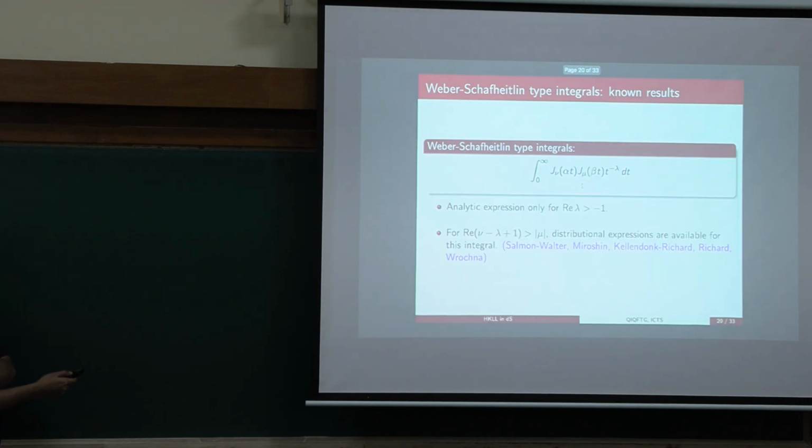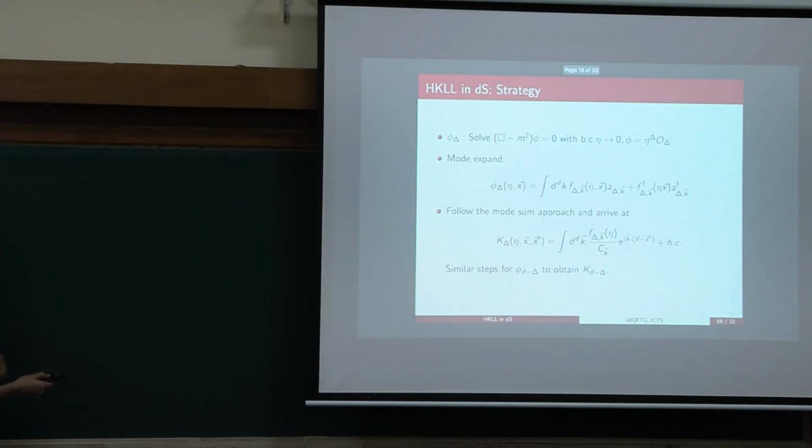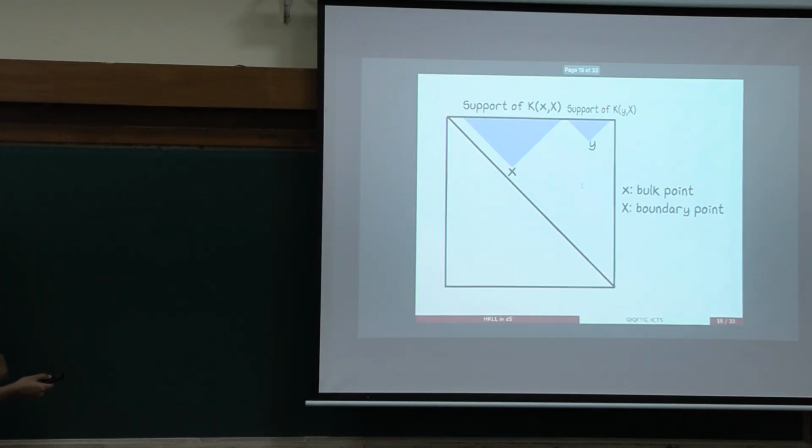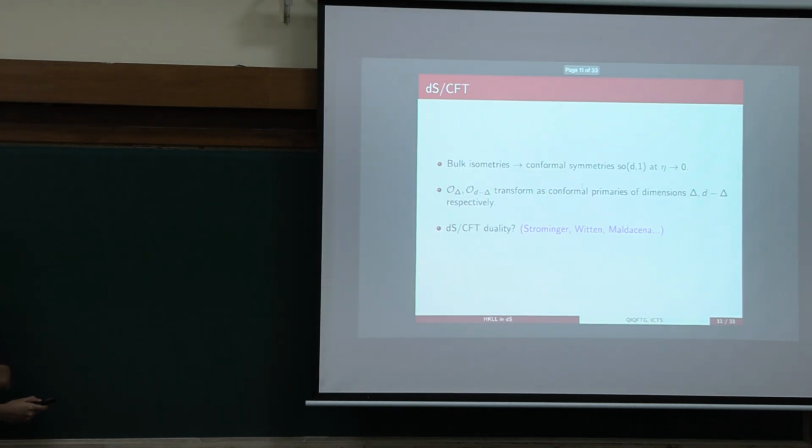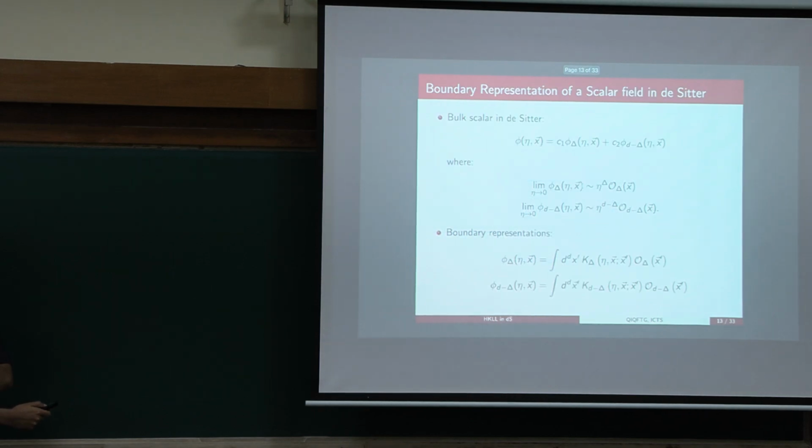If there is a correspondence between these bulk fields and these boundary operators, how do we write these bulk fields, how do we translate this bulk physics to the boundary in terms of some boundary operator? That is what these smearing functions do.